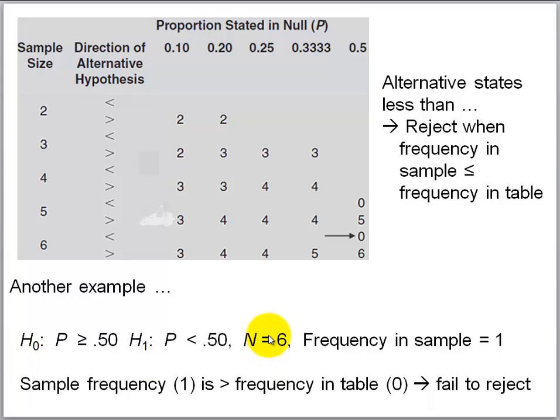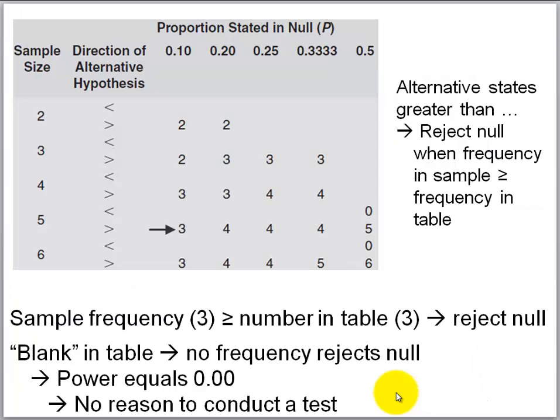So in this example, the sample frequency of 1 is greater than the frequency in the table, and that's 0. So here's the appropriate cell. So as the sample frequency is greater than or equal to the tabled frequency, you reject the null hypothesis and accept the alternative. And let's just do one more example.